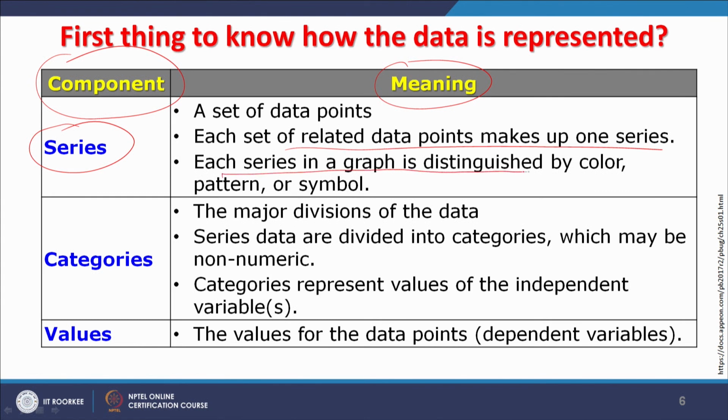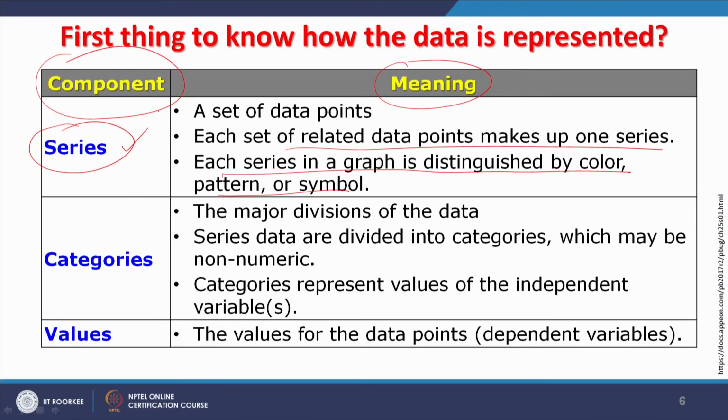Each series in a graph is distinguished by color, pattern or symbol. So, suppose you are having rainfall data for many years. So, how would you like to represent pre-monsoon, post-monsoon? That means you are having a series of data, at least two sets of data. So, that you can show water level in pre-monsoon, post-monsoon, and rainfall is not in that way a good example.